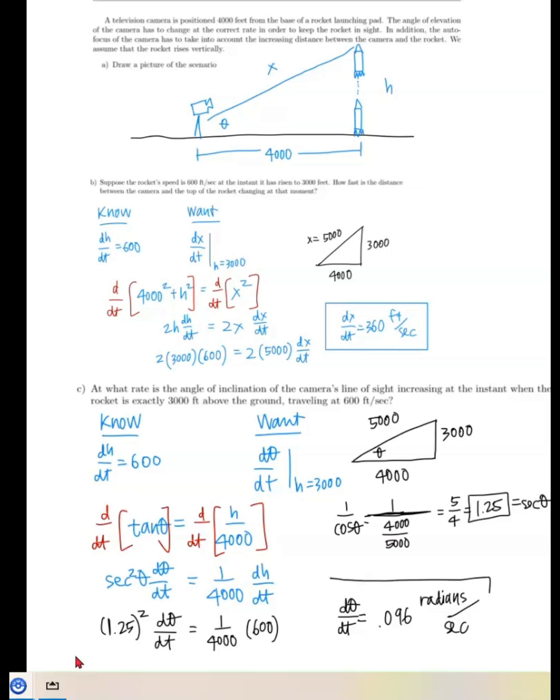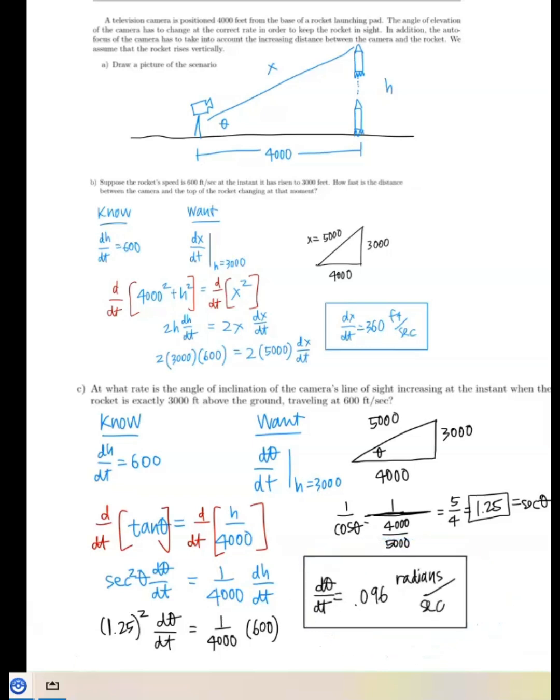So this is how the angle of the camera is changing with respect to time. This is not even required, but I can think better in degrees than radians as far as a physical scenario. So if I looked at 0.096 radians and translate that to degrees, 180 degrees divided by pi, this will be about 5.5 degrees per second. So this camera, at the instant that the height is 3,000, is raising itself 5.5 degrees every second.